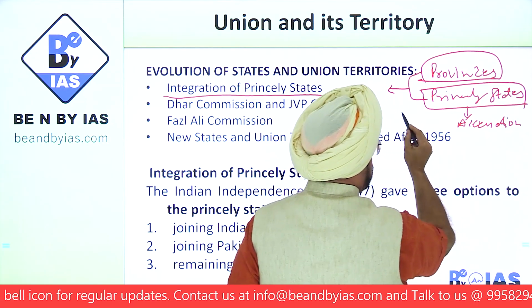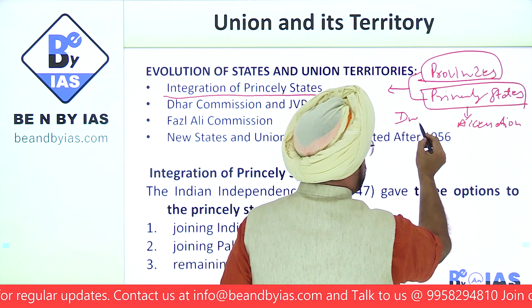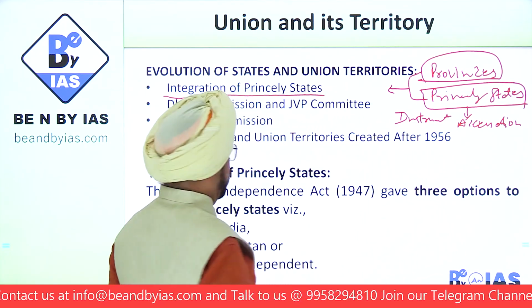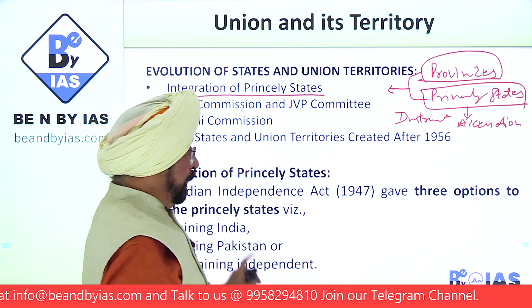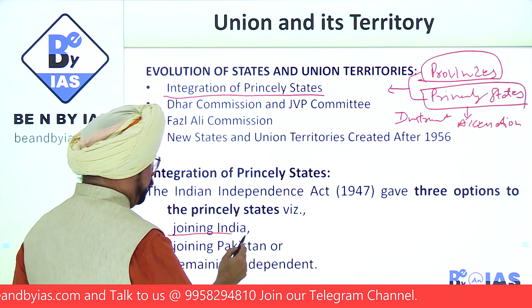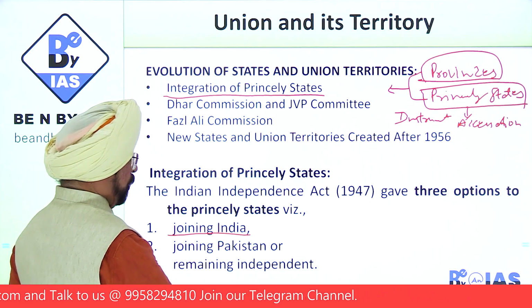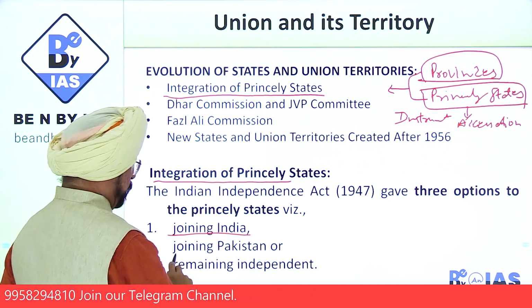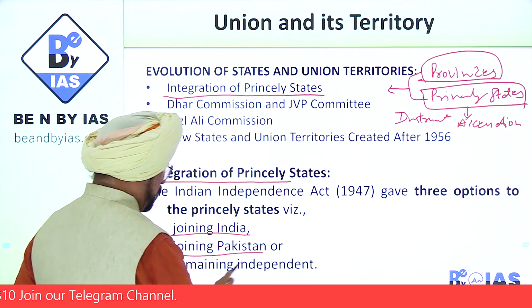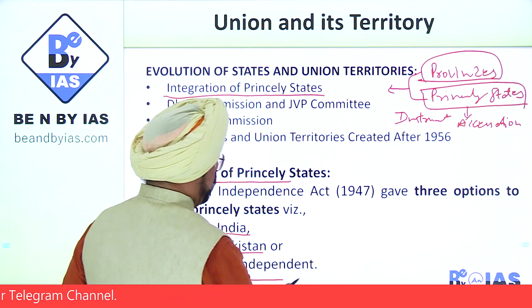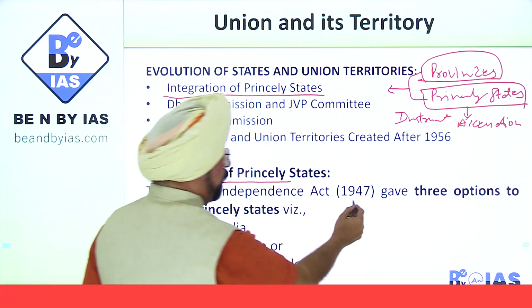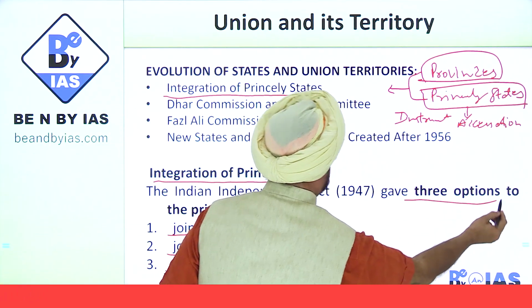So, whosoever signed that instrument, they decided to join India. How were they integrated? Either they joined India or Pakistan, or remained independent. The Indian Independence Act of 1947 gave these 3 options.